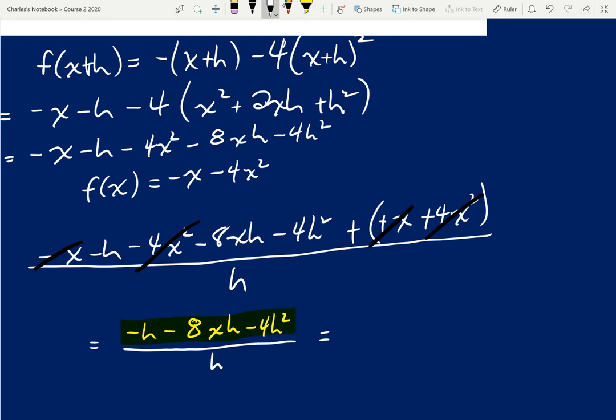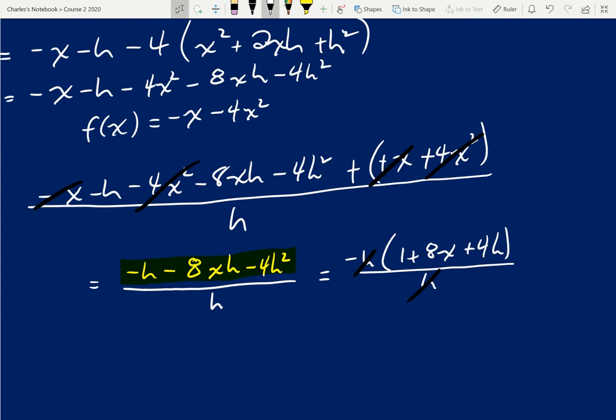So what am I going to do? I'm going to factor out the h. Actually, in this case, I'm going to factor out a negative h. So I'm going to get negative h times (1 plus 8x plus 4h) divided by h. And the reason I factor that out is because then I can cancel out the h.